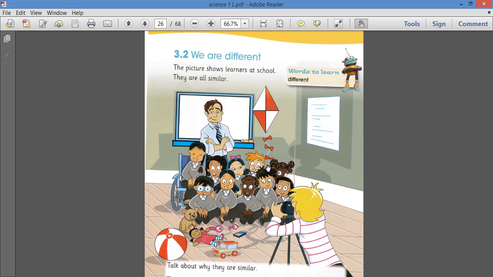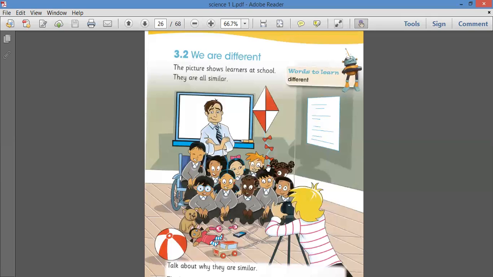Why are they similar? Because they are wearing the same uniform. Their clothes are the same and they are sitting in one classroom. They are of the same age. They all are happy to take a picture.